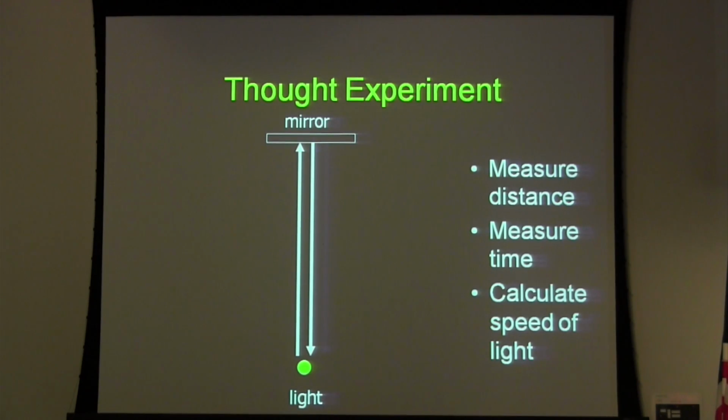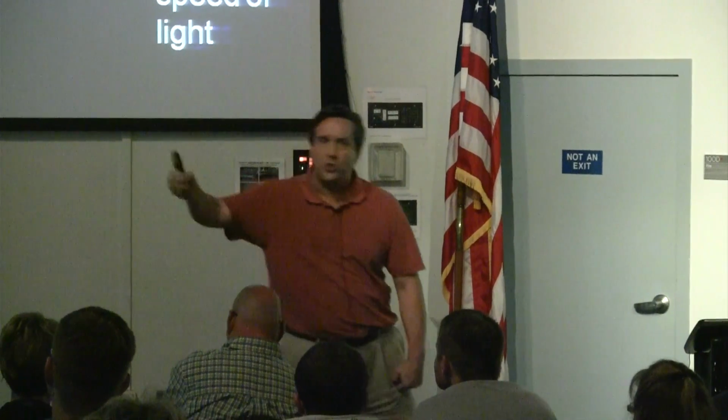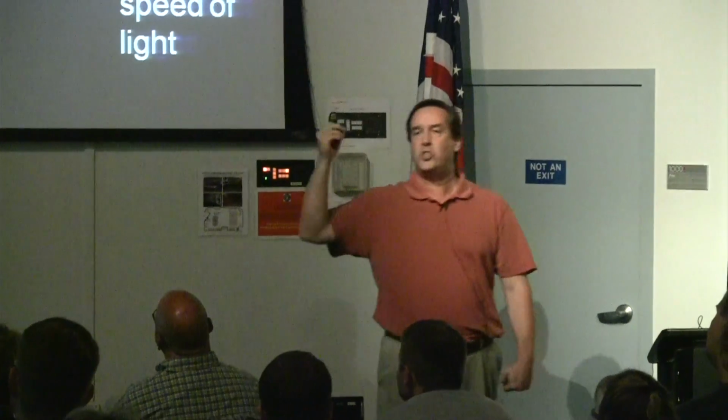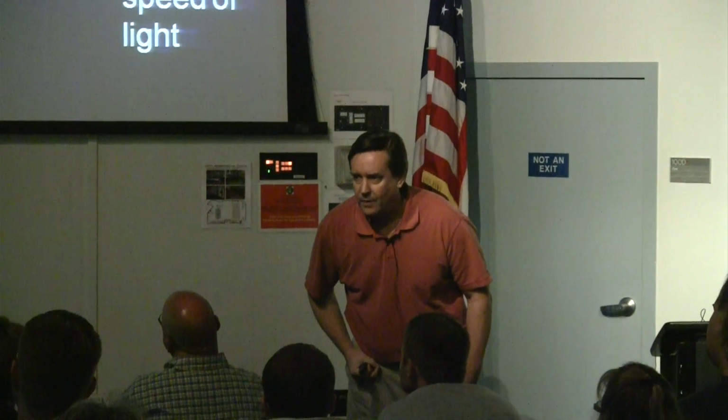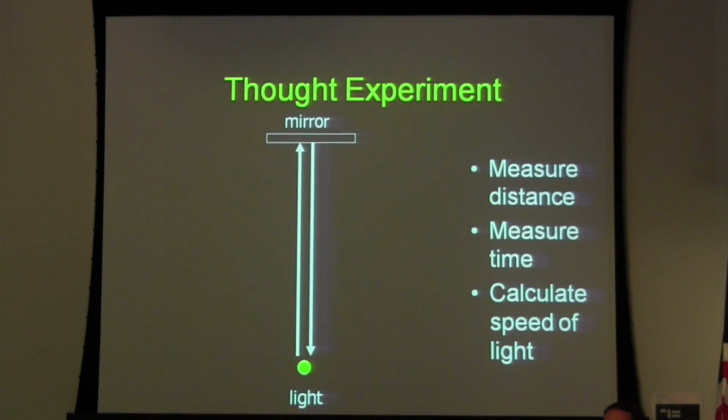If you are moving with the mirror, all you are going to see is the light go up and come back. You're not going to measure the hypotenuse, you're going to measure just the long side of the triangle. You're going to measure a shorter distance, and then in order to calculate the same speed of light, you also will have to measure a shorter time. So a shorter time for the observer that's moving with the mirror.